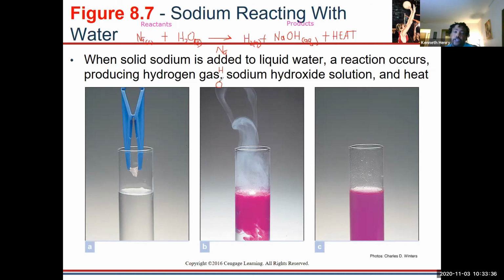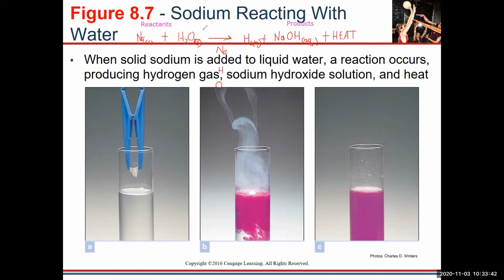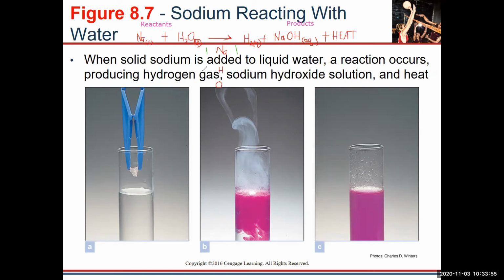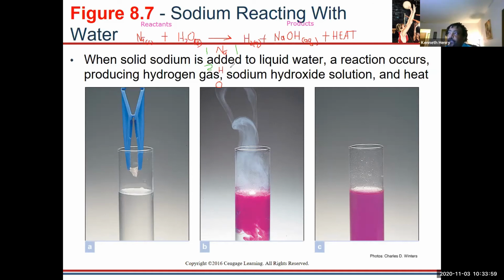How many sodiums do I have currently on the reactant side? One. How about the product side? One. How many hydrogens on the reactant side? 2. On the product side? 3. There's 2 here and 1 there.